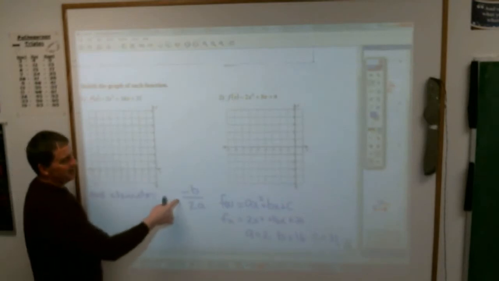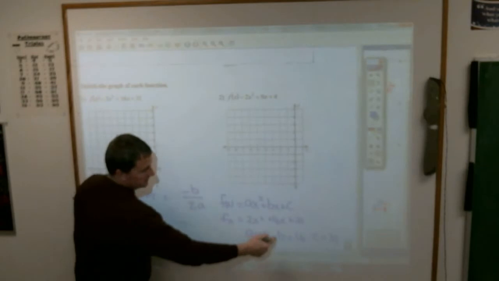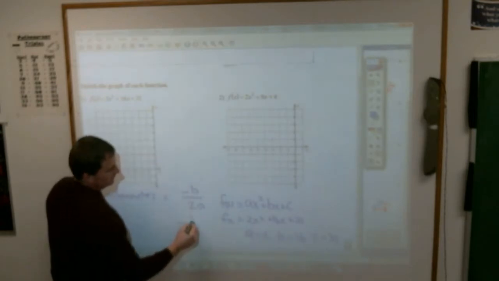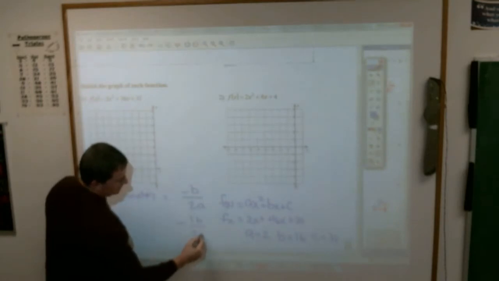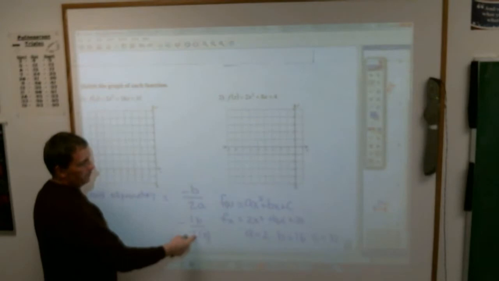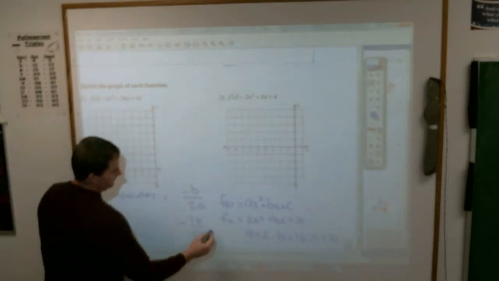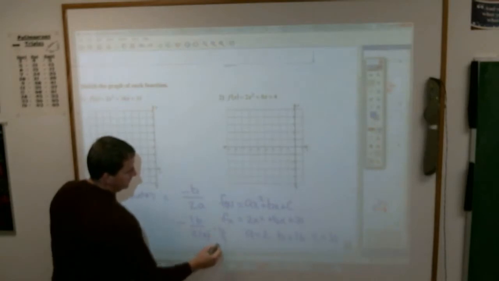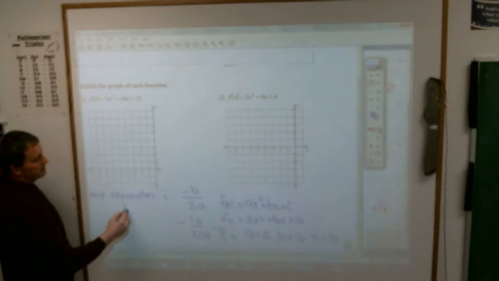And to find that axis of symmetry, you take negative whatever b is, which was 16, and put that over 2 times whatever a is, so negative 16 over 4 is, somebody? Negative 16 over 4 is negative 4. The axis of symmetry is at x equals negative 4.